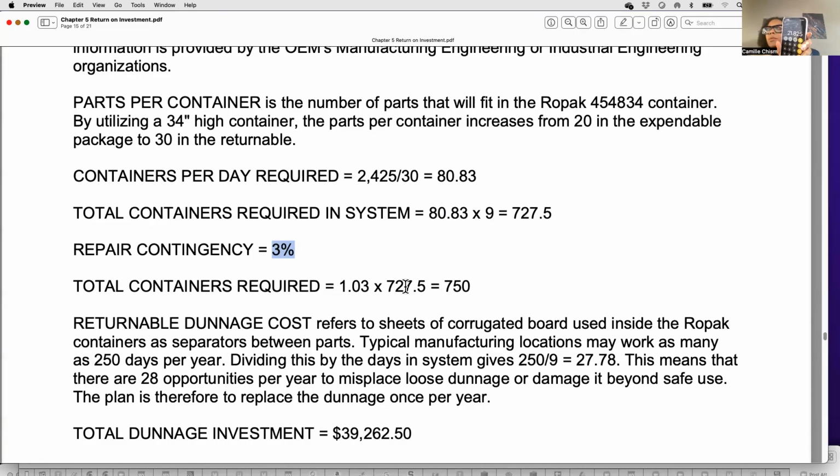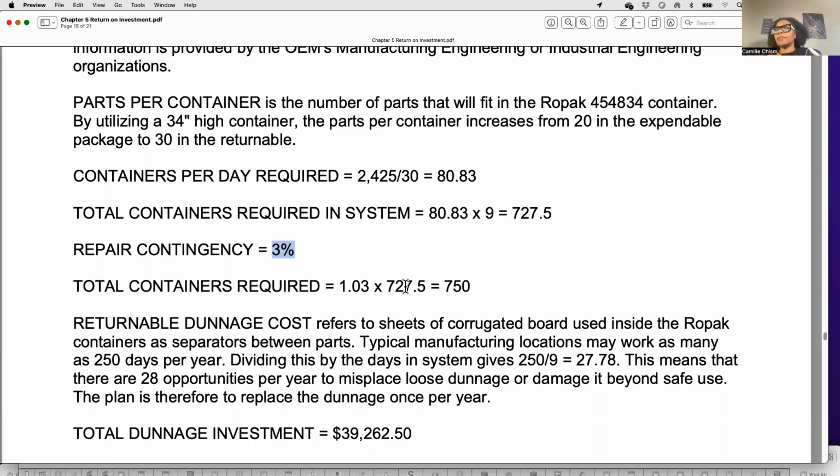And you're going to get 21.825. Okay, now we're going to add that back to the 727.5 and come up with 749.3.